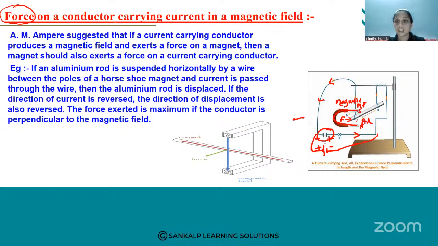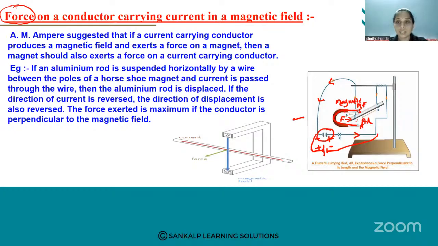When the current flows through the aluminum rod, the rod acts as a conductor this time. What happens here? A magnetic field is generated, and with that field, this aluminum rod shows some deflection or displacement. Why does this displacement take place?